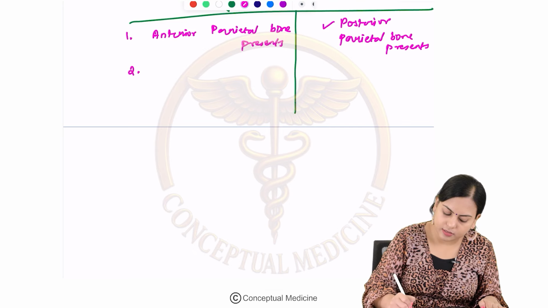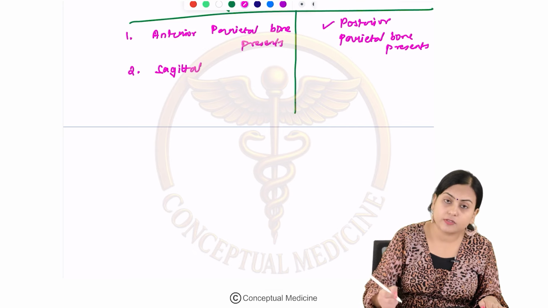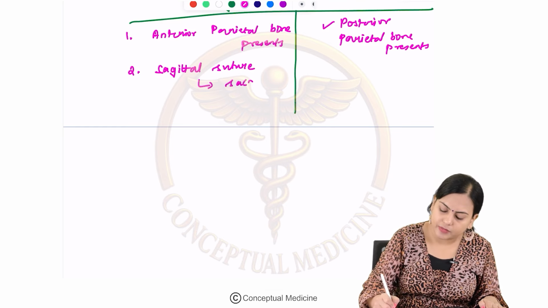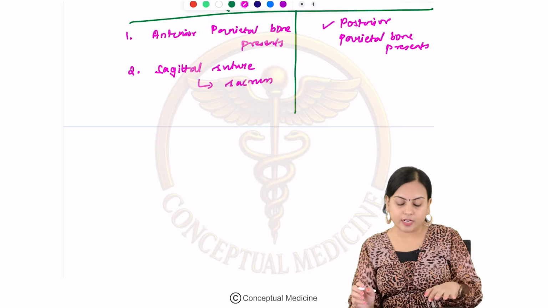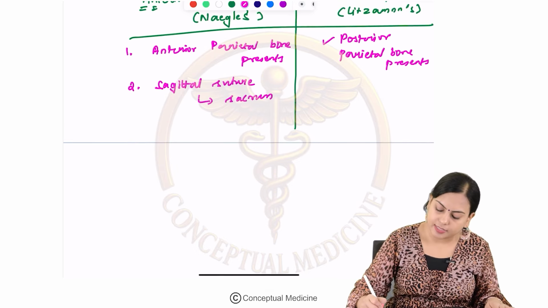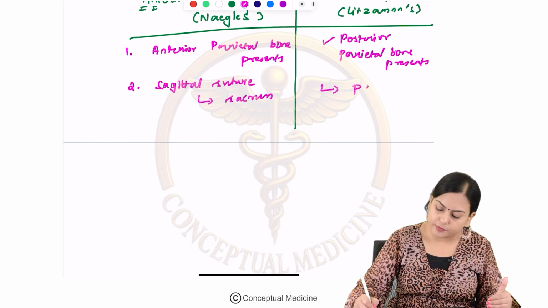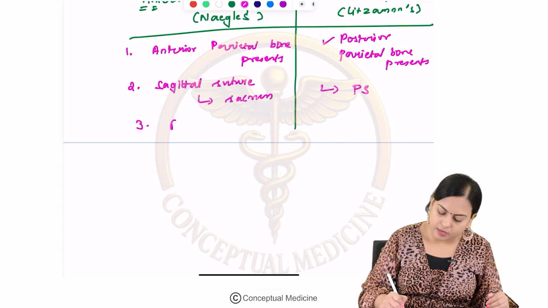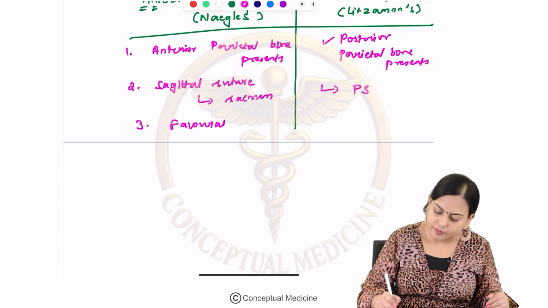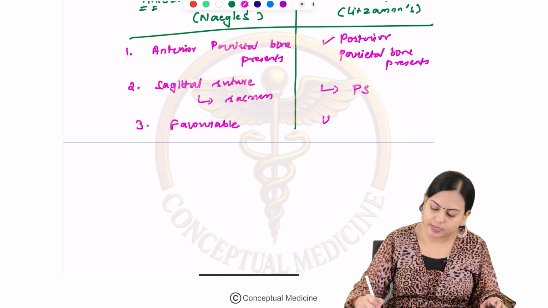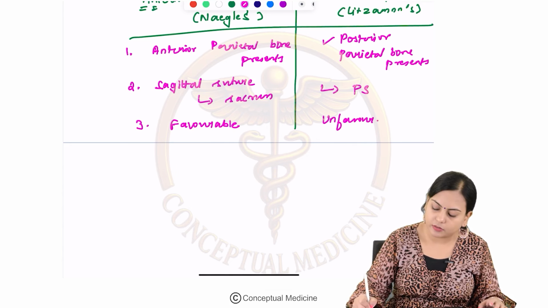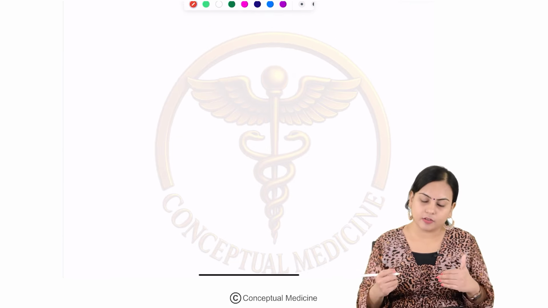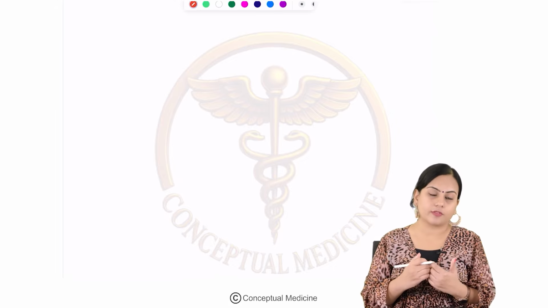And then if you take the position of the sagittal suture, it is near the sacrum in anterior asynclitism, whereas the sagittal suture is towards the pubic symphysis in posterior asynclitism. Anterior asynclitism will be favorable for delivery, whereas posterior asynclitism is not favorable. Clear? Right. We will see the other causes. Still we are seeing the causes for cephalopelvic disproportion.